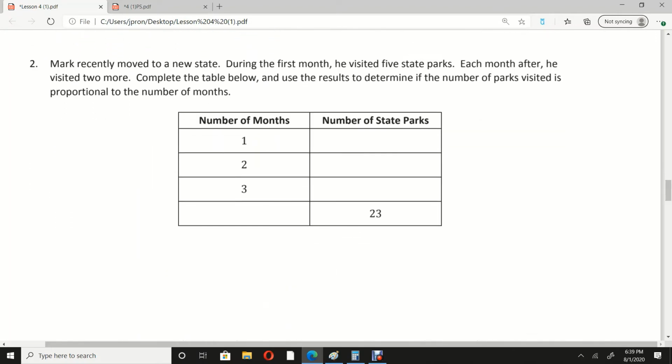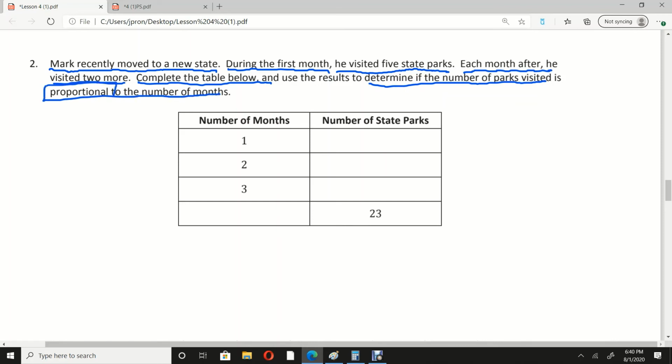Question two. Mark recently moved to a new state. Awesome. During the first month, he visited 5 state parks. I remember this question. Each month after, he visited 2 more. Complete the table below and determine if the number of parks visited is proportional.